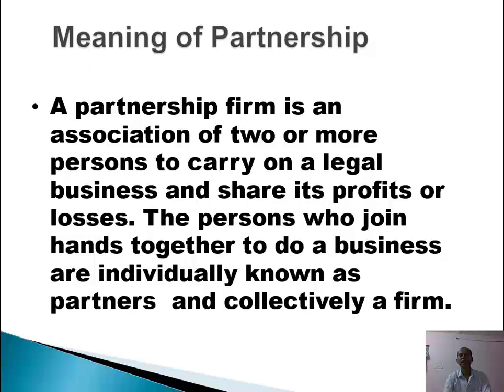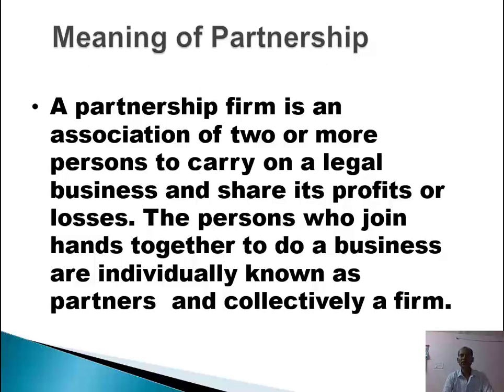Yes, the business must be legal in nature, and it is an association of 2 or more persons who share its profits or losses, by the partners, as per the partnership deed or partnership agreement.